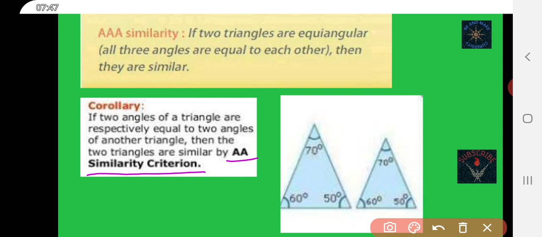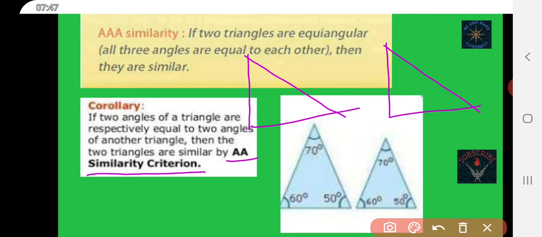Why? As you know, in between two triangles, if this angle corresponds to this angle and they are equal, and this angle corresponds to this angle, they are also equal, then obviously the third angle is also equal.